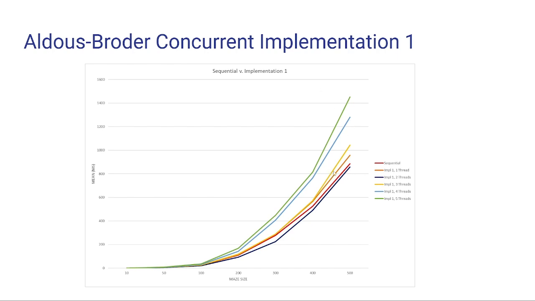Everything else either sees a massive drop-off or is slightly worse. And the reason why this 1 thread is worse than the sequential version, even though they're both technically sequential, is it takes time for the algorithm to set up threads, and therefore it sees a slight performance drop over the sequential version.